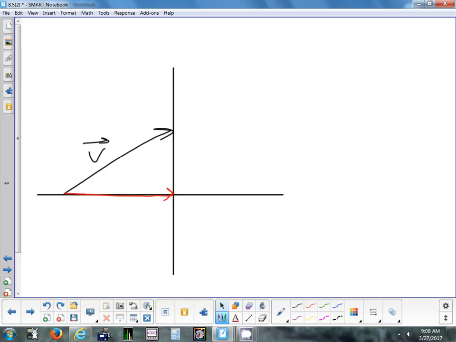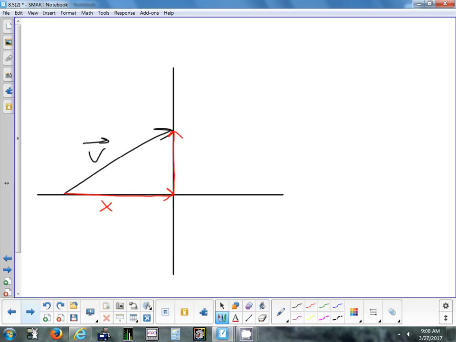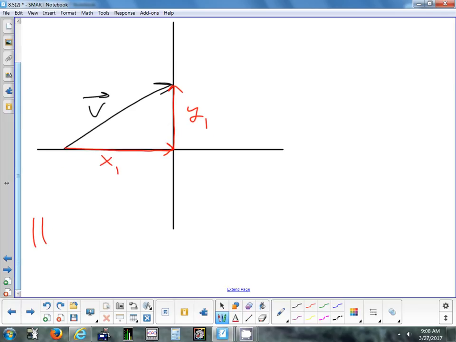That's my horizontal. That's my vertical. The horizontal component of v was x1 and that's y1. So how would you find the magnitude of v? Yep.